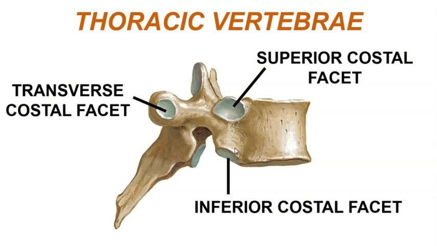So that is, a single thoracic vertebra has 6 costal facets, 3 on the left side, 3 on the right side. The superior costal facets are found where the vertebral arch here meets the body of the vertebra. The inferior costal facets are found just inferior to the superior costal facets. And the transverse costal facets here are found on the edge of these transverse processes here.